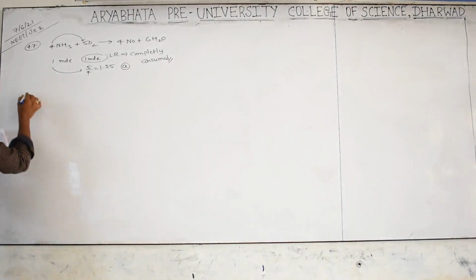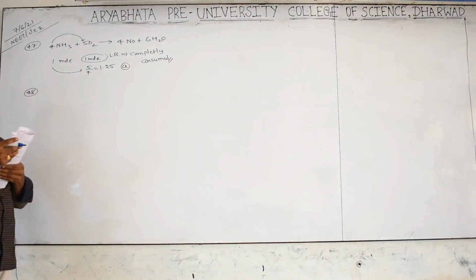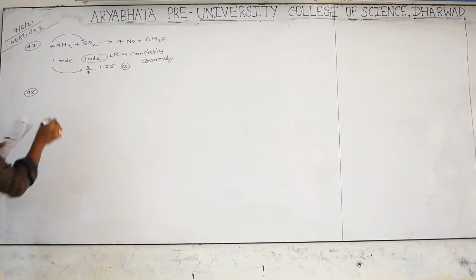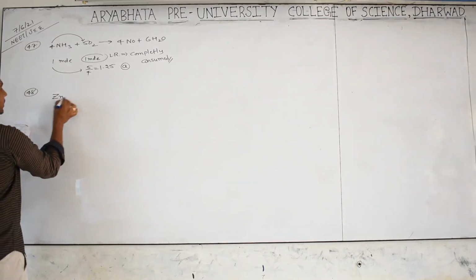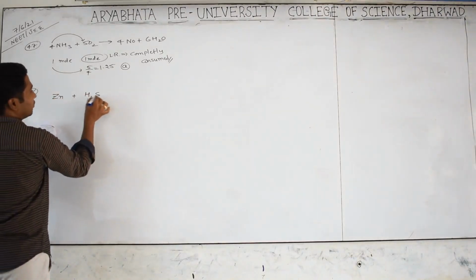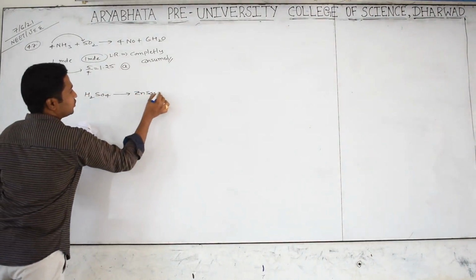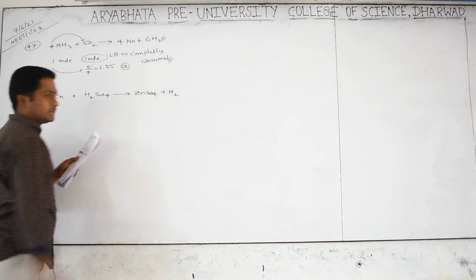Go for 48. You see, the amount of zinc required to produce 224 ml of hydrogen gas at STP on treatment with H2SO4. Zinc is treated with H2SO4, and we get zinc sulfate plus hydrogen gas, which is already balanced.